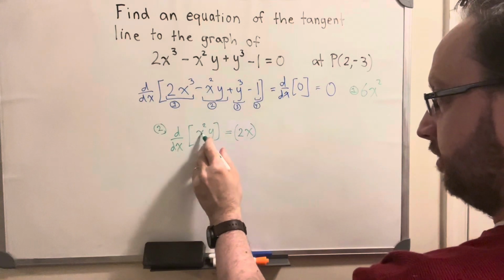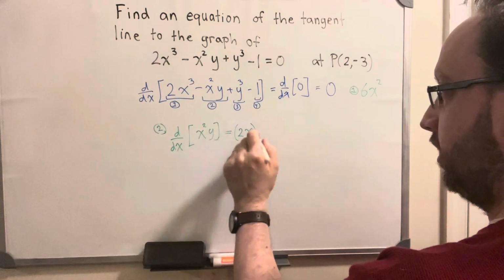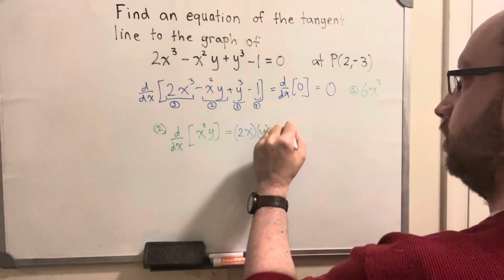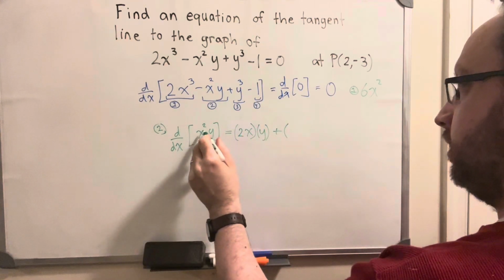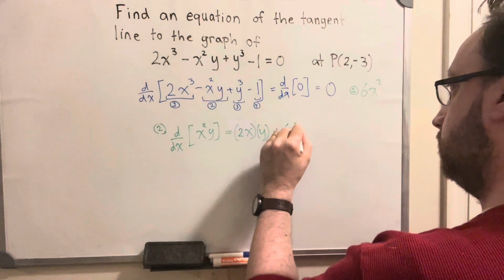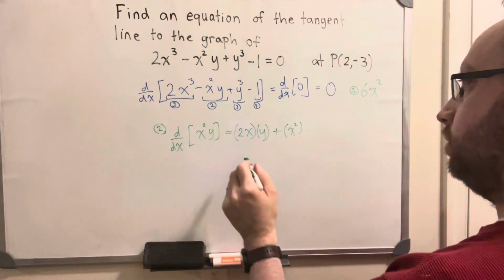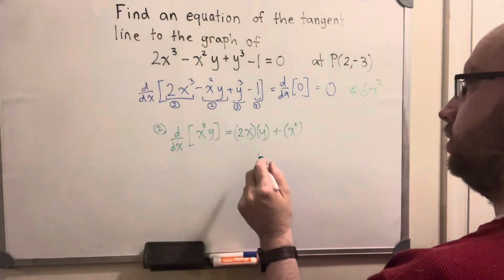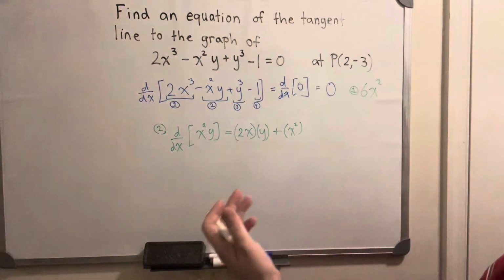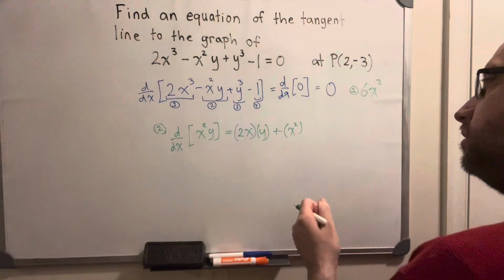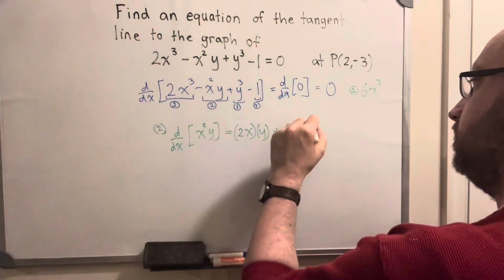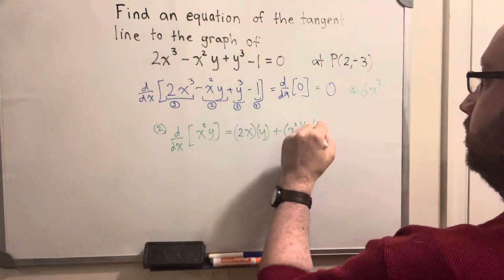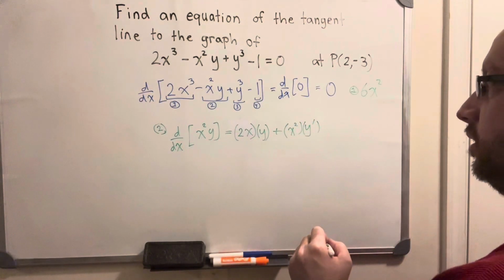Now we've done the derivative of this, and we'll do it times y. And now we have to leave x squared alone. Now this, what's the derivative of y? We can just write y prime.